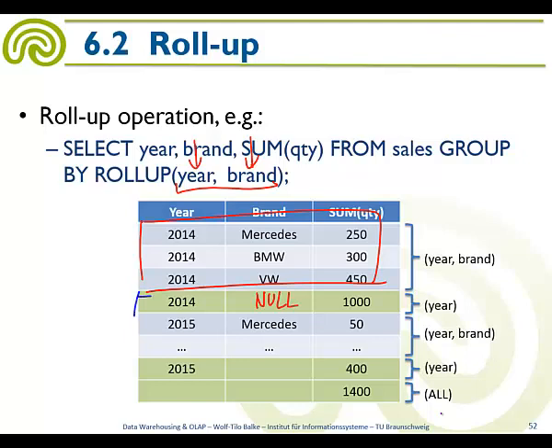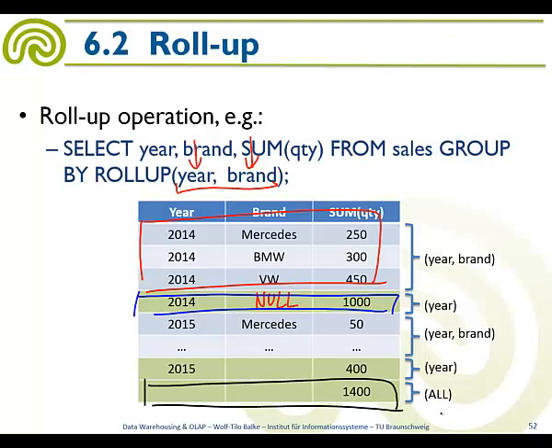And gives me only the year. And then I leave out brand and year, which gives me the apex node, right? And I do that for every partition of brand and year. So, for example, I have here all the 2014, all the 2015, and so on models, right?